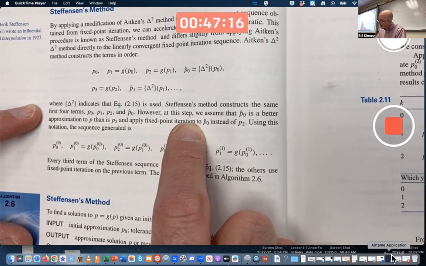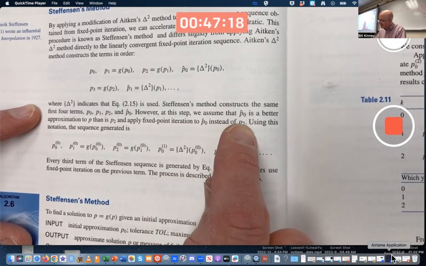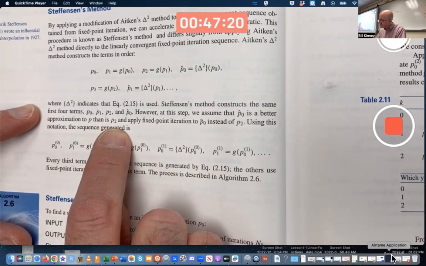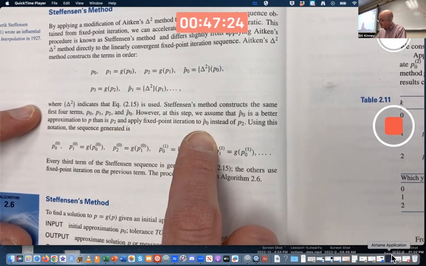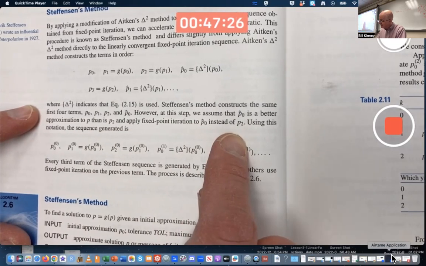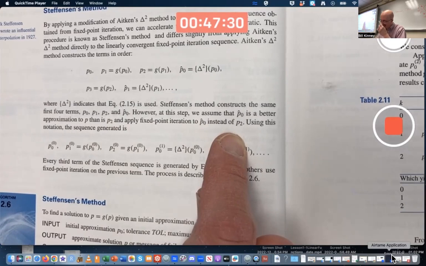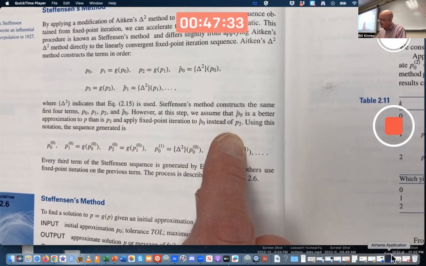However, at the next step, assume P0 hat is a better approximation to P than P2 is. So apply fixed point iteration, the function G, to P0 hat instead of P2. It's more like a mix of fixed point iteration and Aitken's delta squared method. So it's sort of extra confusing that way.